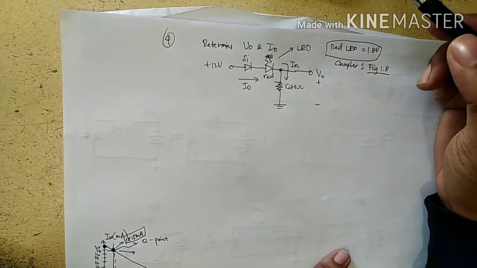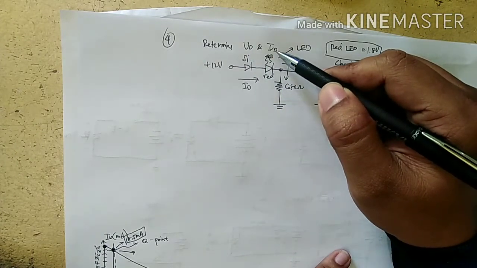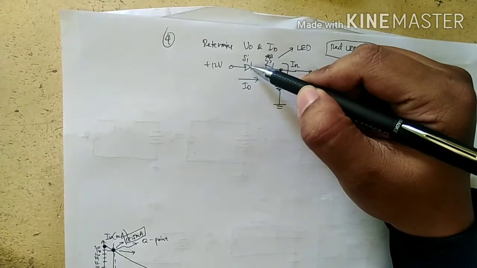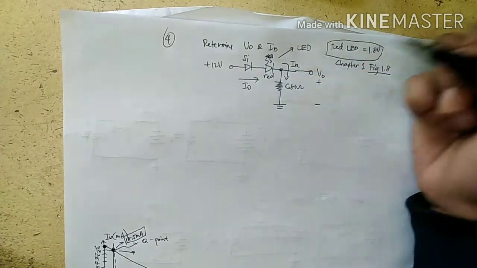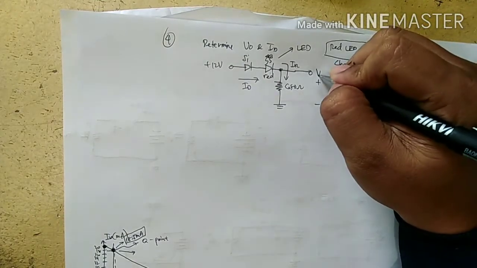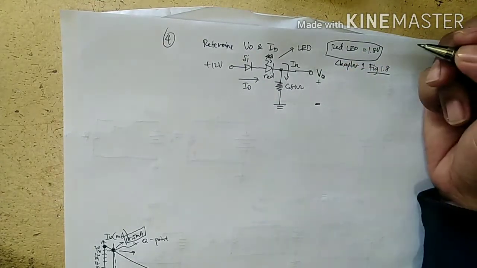So let's continue. Determine the output voltage and the diode current. Here the two diodes are in series, along with the resistor. We want the output voltage with respect to ground.